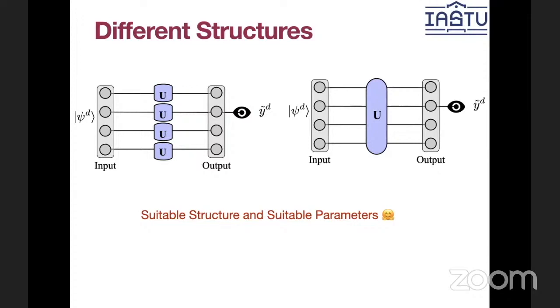But for machine learning tasks, the parameters of the neural network can always be optimized by the data. While the structures are fixed before training, so we want to find out what kinds of quantum neural network structures are better.